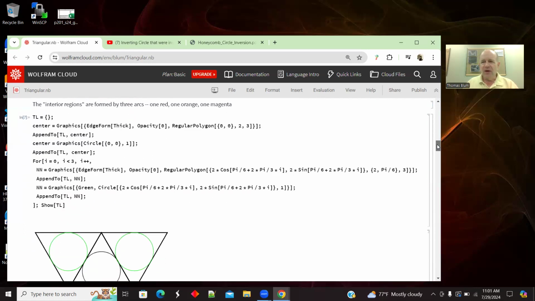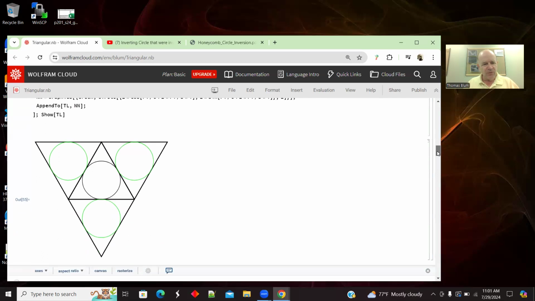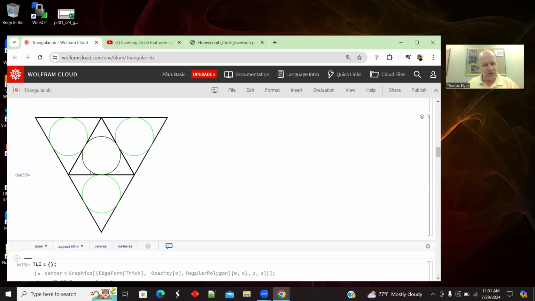All right, so now I want to start inverting the circles, and we're going to go nearest neighbors, next nearest neighbors, next nearest neighbors. Okay, so first I want to draw just the nearest neighbors. And there they are, and I made them green. So here was my original triangle and my circle that I'm going to use as my circle of inversion.